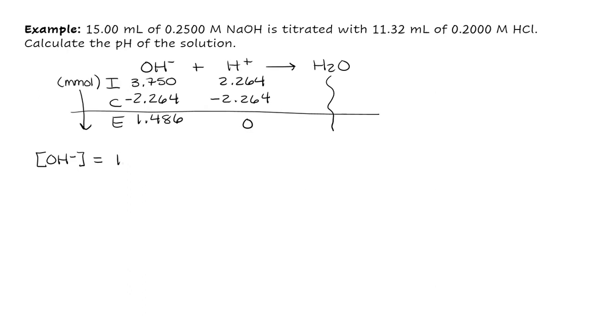So we take our 1.486 millimoles from the E row of our millimole table, divided by the total volume, which will be 15 milliliters plus 11.32. Checking our sig figs, we have 4 sig figs in the numerator.